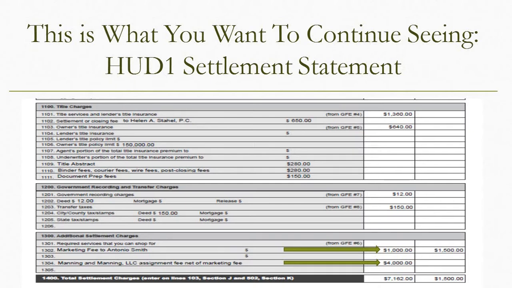You want to continue seeing HUD-1s in your email. Now, you don't always have to see the house either. You don't always have to see the property, whether it's a house, a commercial deal, an office space, apartments, a multi-unit, duplex, whatever it is.